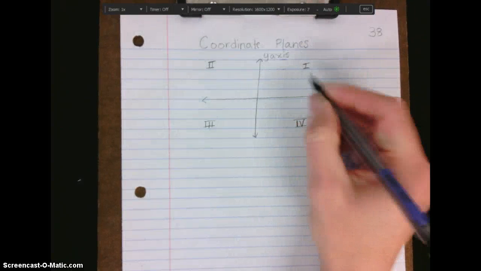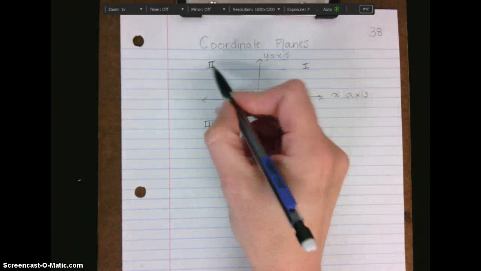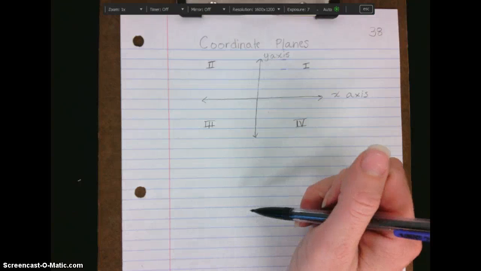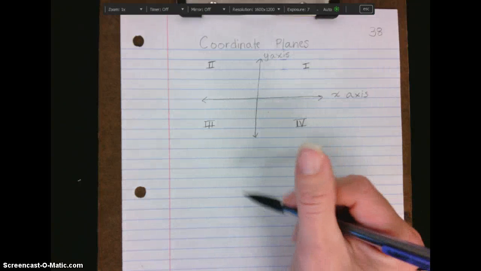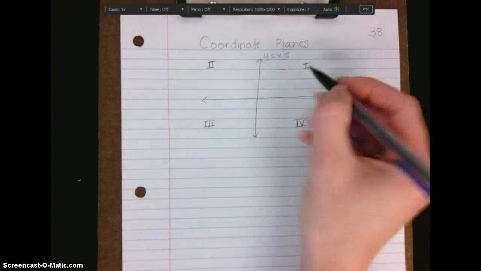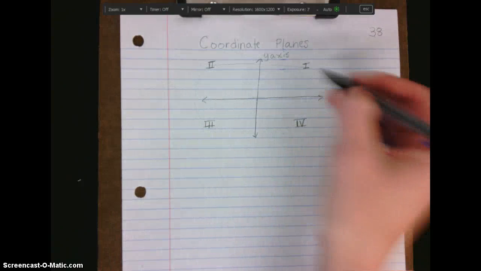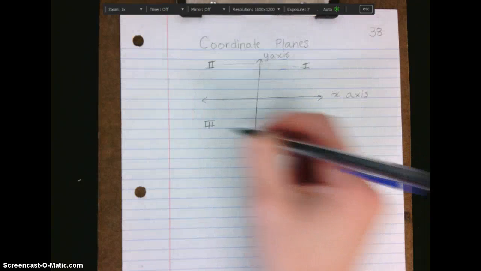And again, these are the Roman numerals standing for 1, 2, 3, and 4. It does feel backwards to go counterclockwise, so one way I remember where the quadrants are is to think of it as a C for coordinate plane. So if you think of it as a C, you will get them labeled correctly.